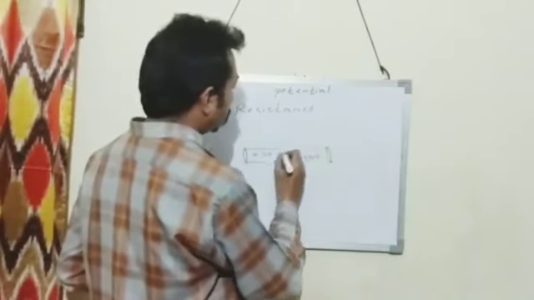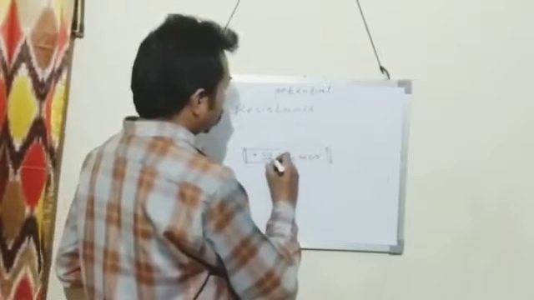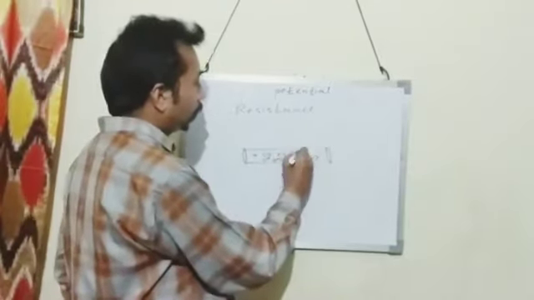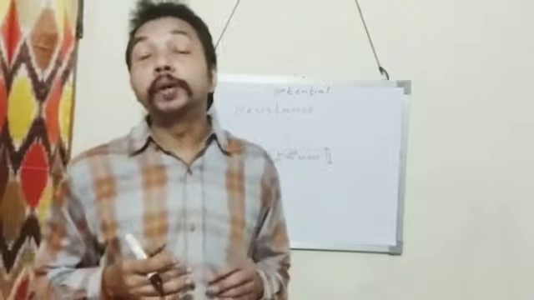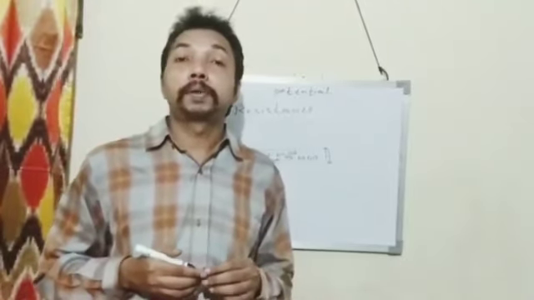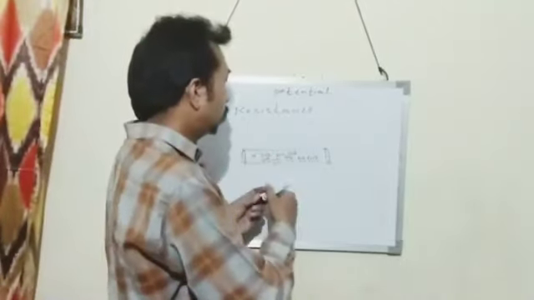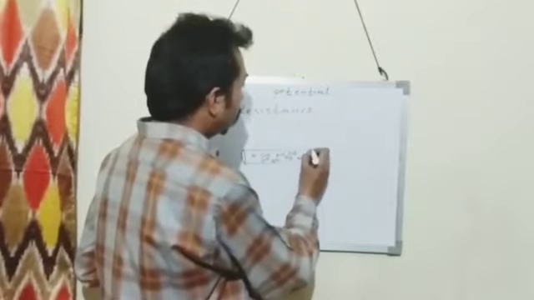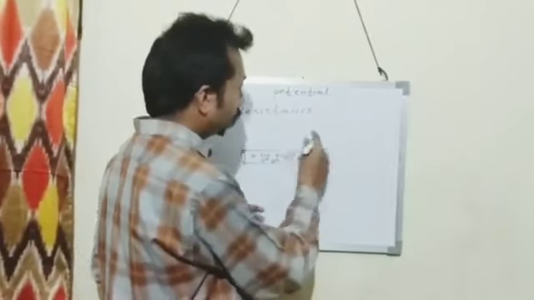These free electrons are randomly moving on the surface of the conductor.